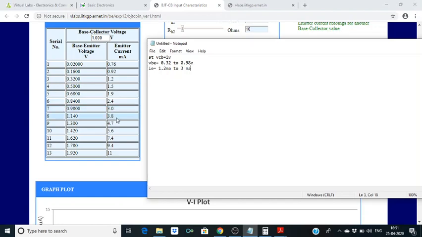Therefore input resistance Ri will be equal to change in VBE to change in IE.